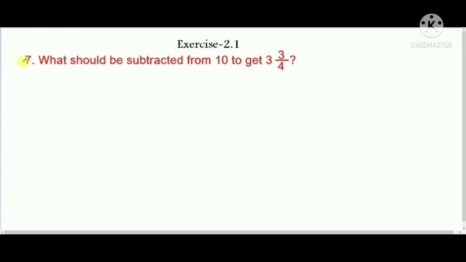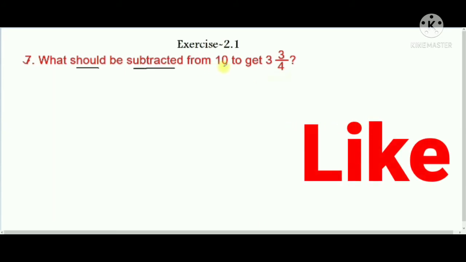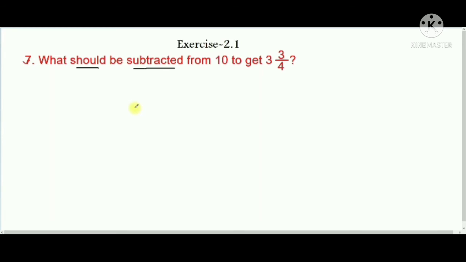See question number 7. In this question number 7, what is given? What should be subtracted from 10 to get 3/4? So what should be subtracted? We don't know what we will subtract, so we'll take x as the number to be subtracted.